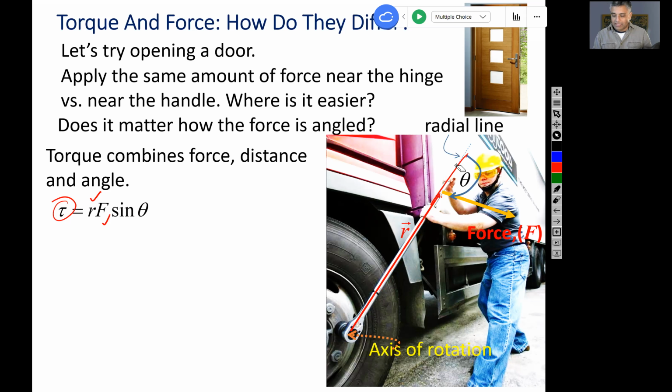So how far it is from the axis of rotation, it is a vector. So what is the direction of this vector? This vector is going away from the axis of rotation. So now the angle is going to be this angle here between R and F, not this angle, rather this angle.